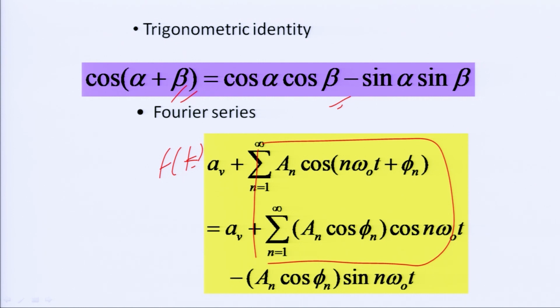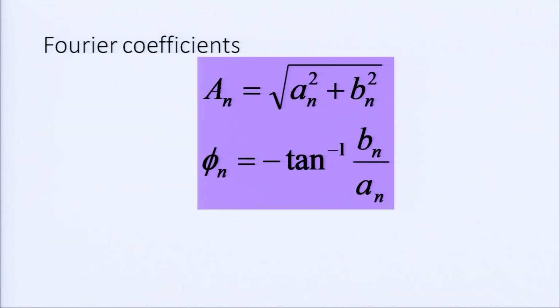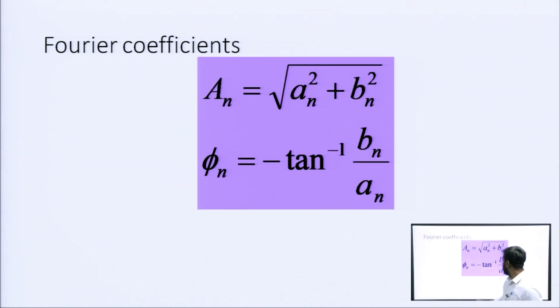We will divide and multiply with a value and we will get this form. And how will we find the value of phi n? The value of phi n will be tan inverse of B by A.